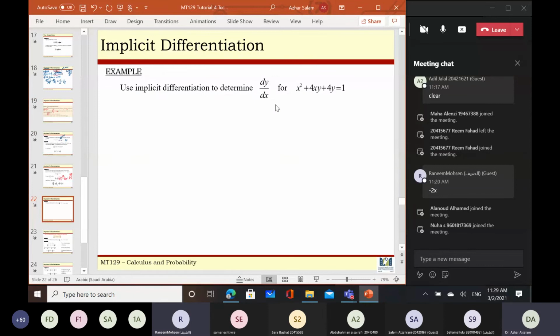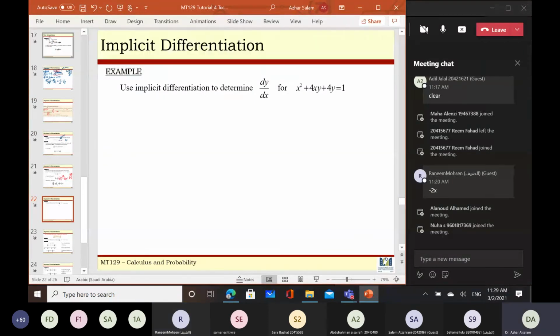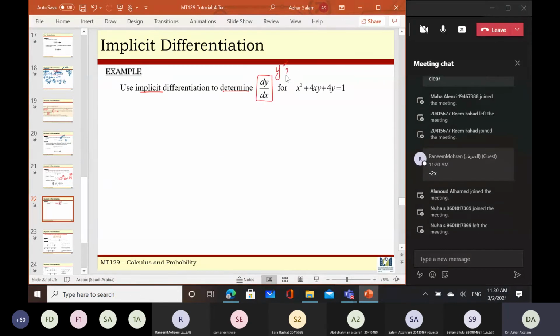For another example, notice here also the question is to use implicit differentiation to determine dy by dx, so the question is to find y dash. Notice the difference: I have more than one term with y, and this term specifically has x multiplied by y.